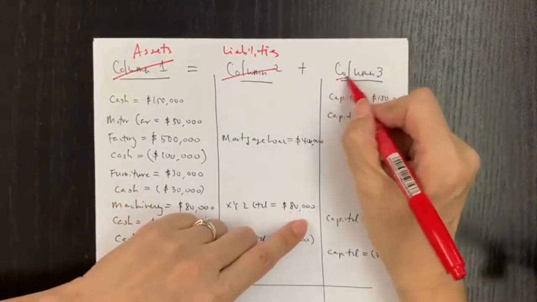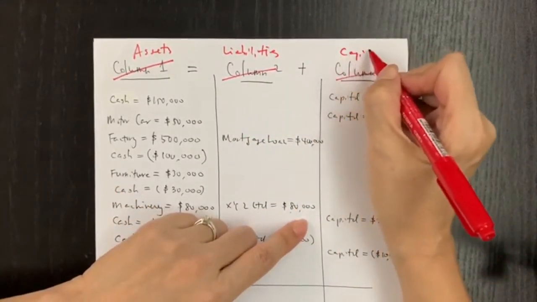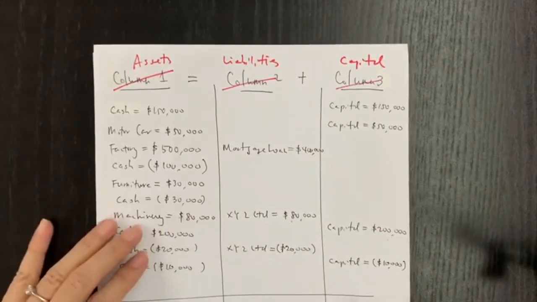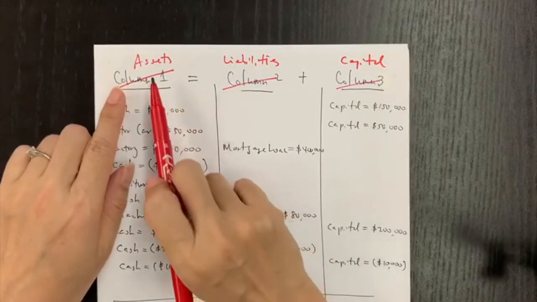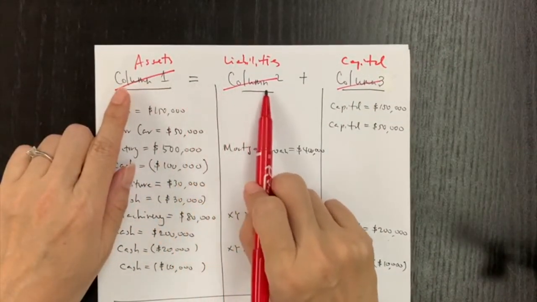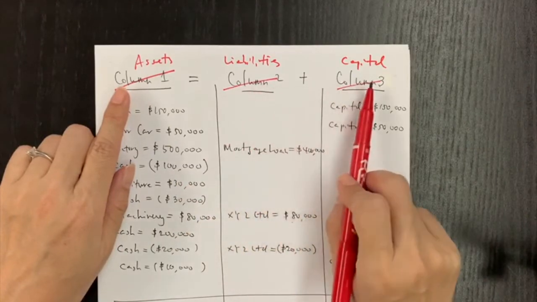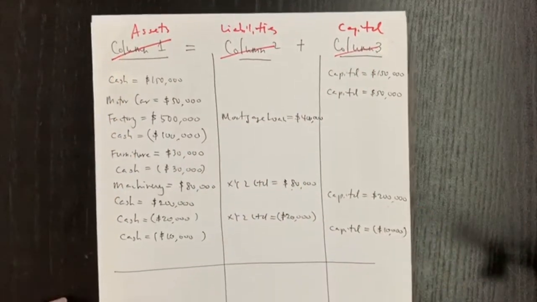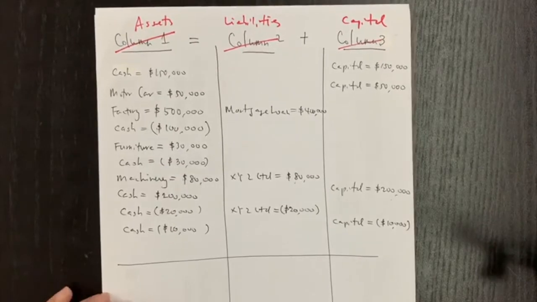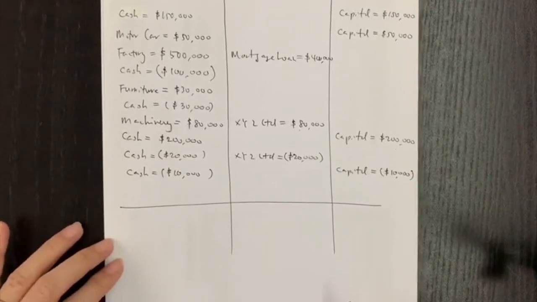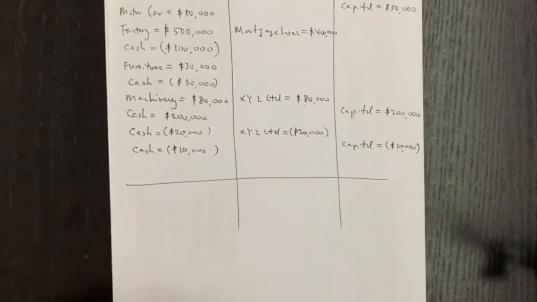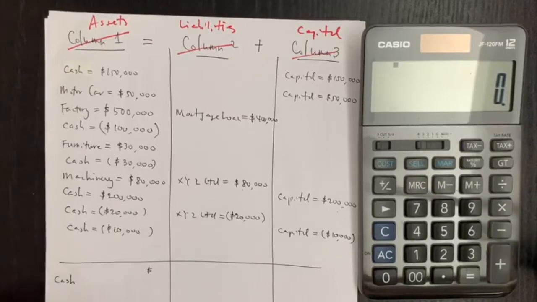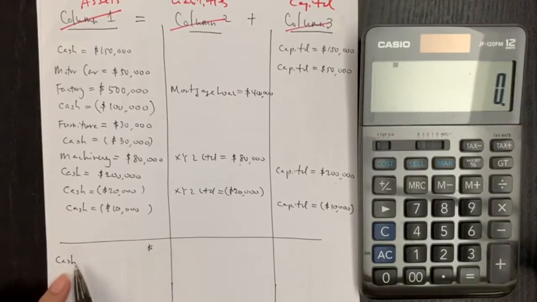Okay, and column 3, we have capital. All right, so therefore we have this assets always the same as the sum of liabilities and capital. This is the very basic accounting equation, and after that I'm going to make summary for what we have in column 1. Okay, I'm going to summarize in column 1.